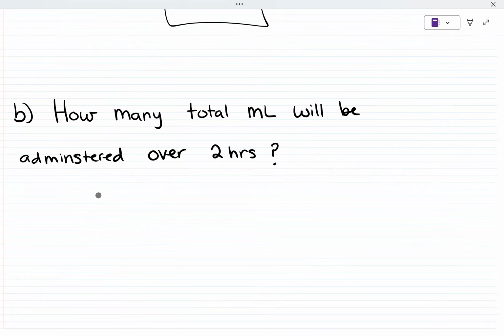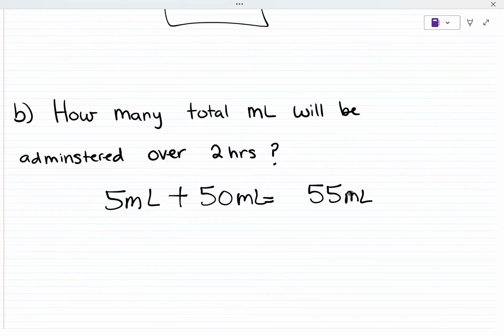So for how many total milliliters will be administered, you're going to need 5 milliliters plus 50 milliliters, right? Because it says dilute with 50 milliliters. So we're going to add 5 milliliters and 50 milliliters. So your total milliliters administered would be 55 milliliters total.